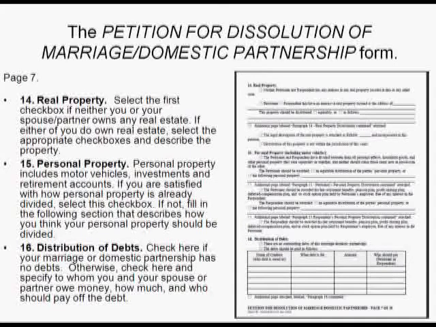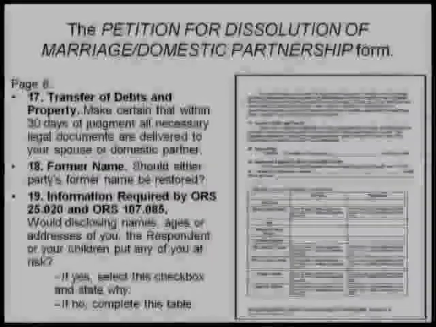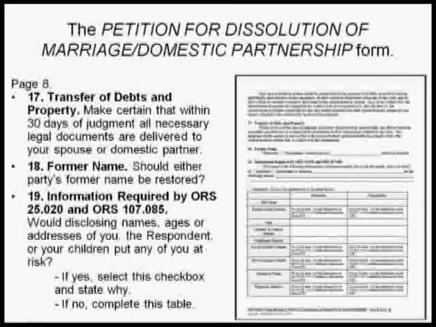16. Distribution of debts. Check here if your marriage or domestic partnership has no debts. Otherwise, check here and specify to whom you and your spouse or partner owe money, how much, and who should pay off the debt. Page 8.